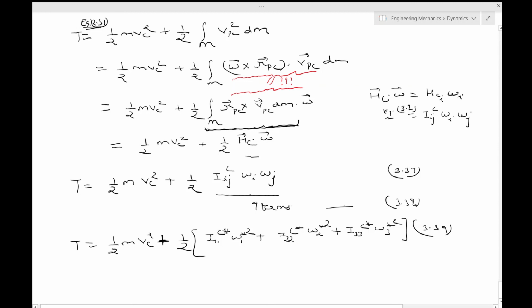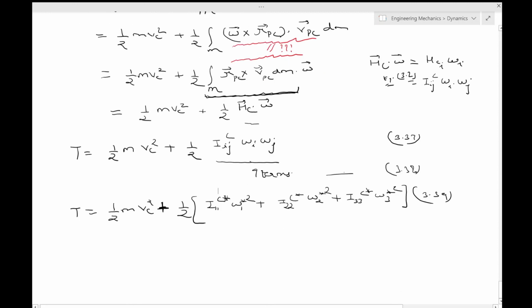Star refers to the principal axis of inertia at C.